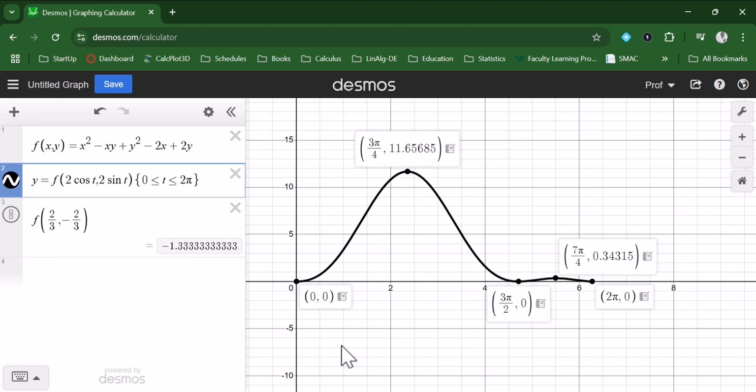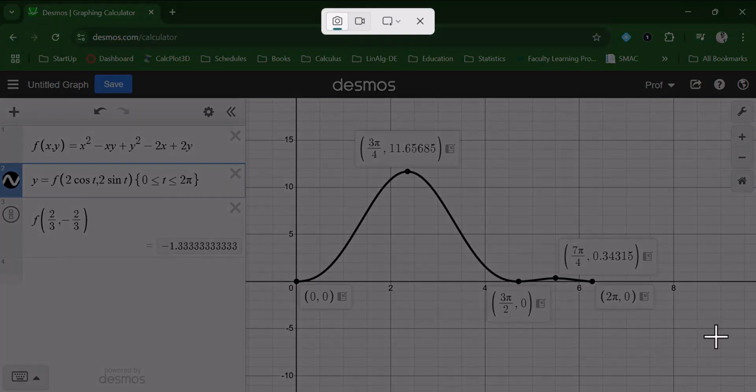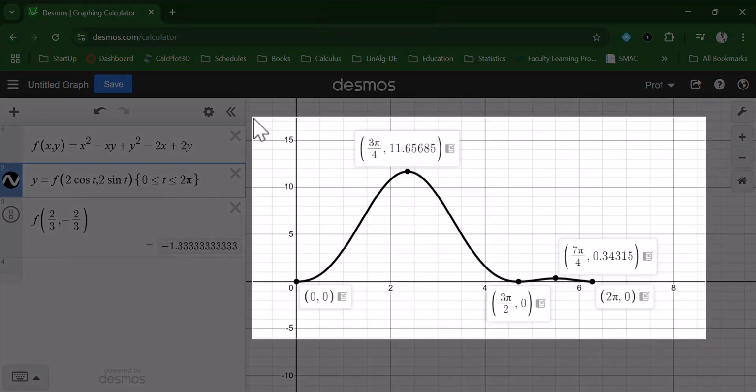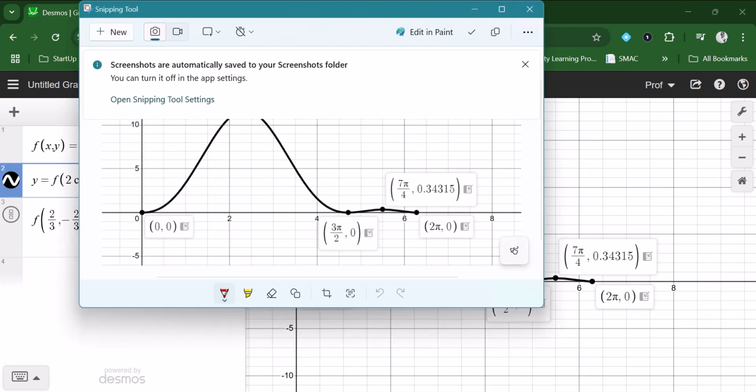So these values give your maximum and minimum, and clearly the maximum is going to be at 11.656 or 657. The minimum looks like it's going to be 0, but remember we had a smaller minimum at negative 4/3. So I think the negative 4/3 will win as a minimum. Let's take a quick screenshot of this, so we can talk a little bit more about this in our notes.